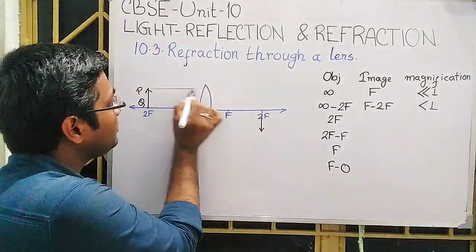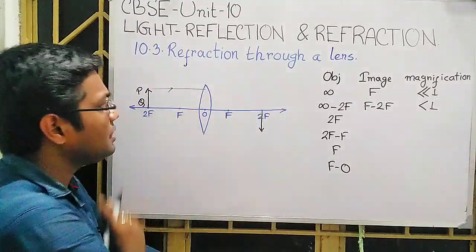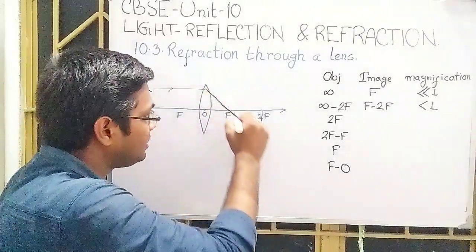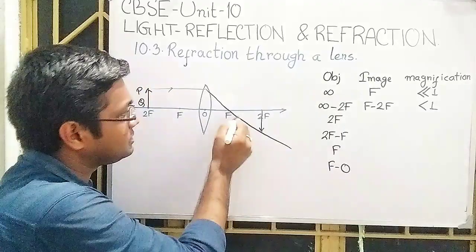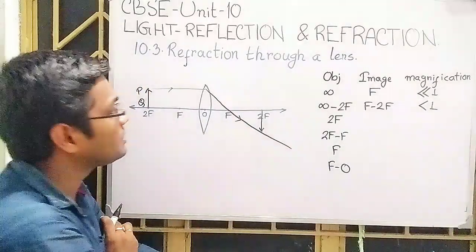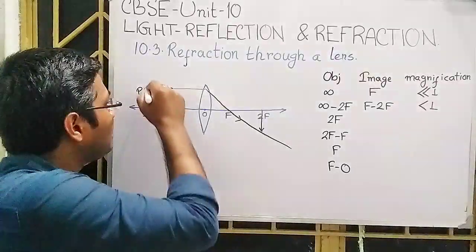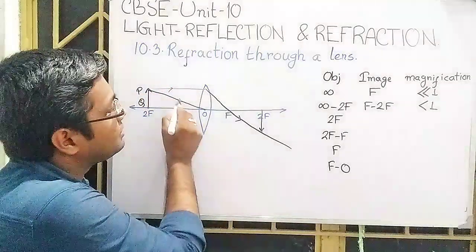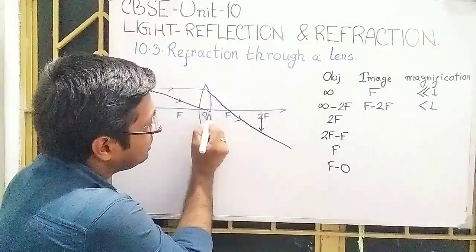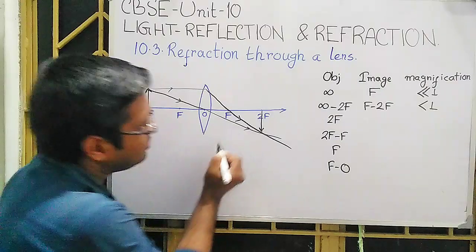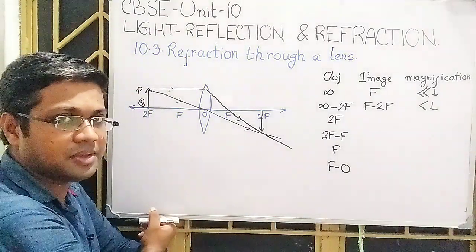A ray coming from the point P and parallel to the principal axis, after refraction passes through the focus. This is the first refracted ray. Next is another ray passing through the optical center, which after refraction goes undeviated.